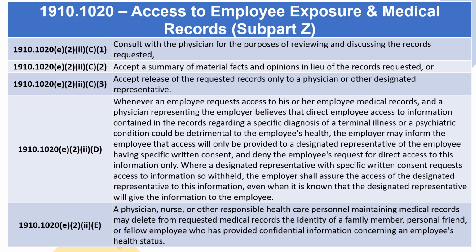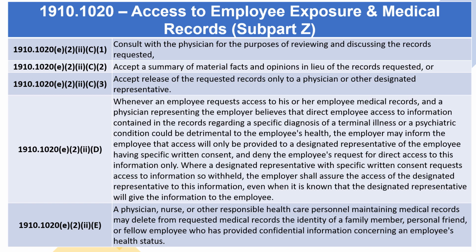1910.1020(e)(2)(ii)(D), whenever an employee requests access to his or her employee medical records, and a physician representing the employer believes that direct employee access to information contained in the records regarding a specific diagnosis of a terminal illness or a psychiatric condition could be detrimental to the employee's health, the employer may inform the employee that access will only be provided to a designated representative of the employee having specific written consent, and deny the employee's request for direct access to this information only.